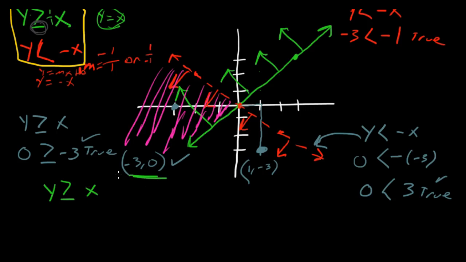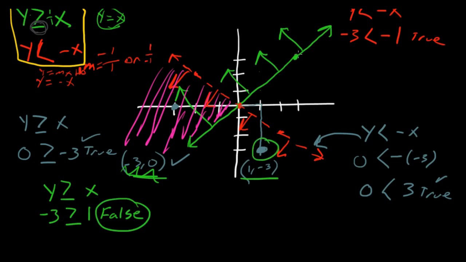Negative 3 greater than or equal to 1. Is that true? That is not true. Negative 3 is not greater than 1. That's false. And that was what we predicted: this point wouldn't pass the test of the green, and it doesn't.